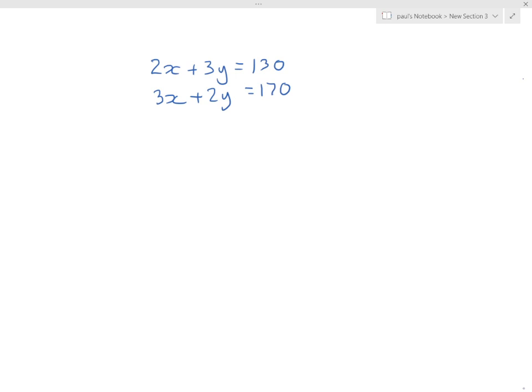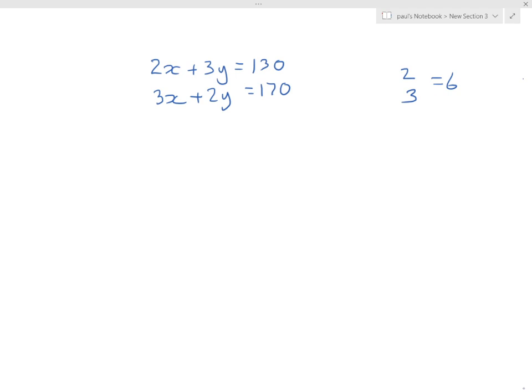Now the easiest way, if you can't double or treble any numbers, because they're not going to work, is to take these numbers 2 and 3 at the beginning. They can be the other way around, it won't matter. Multiply them together and they will equal 6. So they are both common factors of 6. So we need them to be 6.